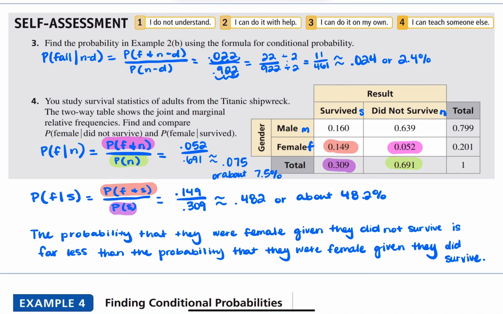And I know that's a lot to write, so I will give you all a second to copy that down if you don't already have your comparison written.